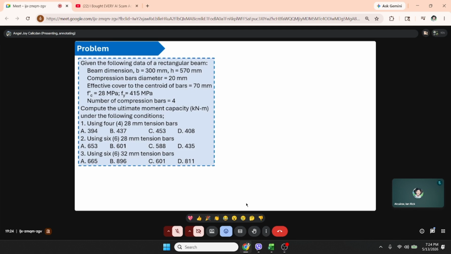So, one thing to note in analysis, the problem gives the AS or the steel reinforcement and asks for the capacity, and the reverse for design, given the moment and you find the number of bars.